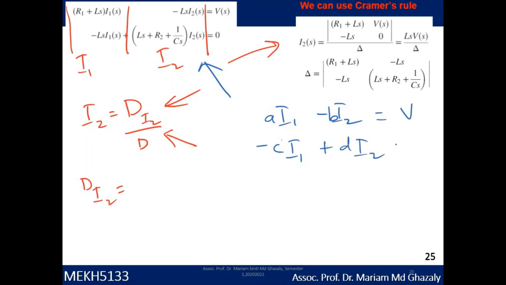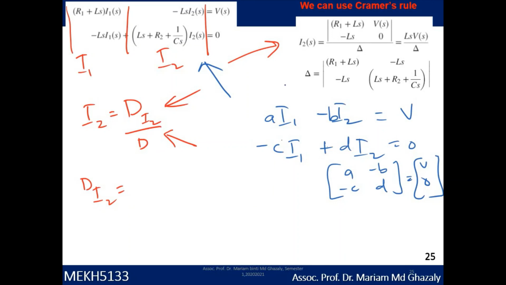So the equation is V and this is 0. So I will write this one as the matrix A, minus C, minus B, D, times I, equals V, 0. And from here you start to derive the determinant of I2.